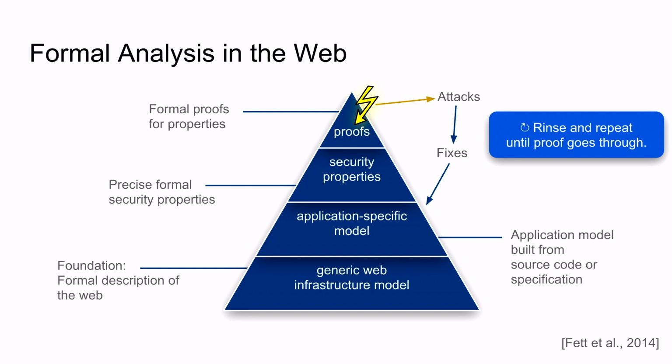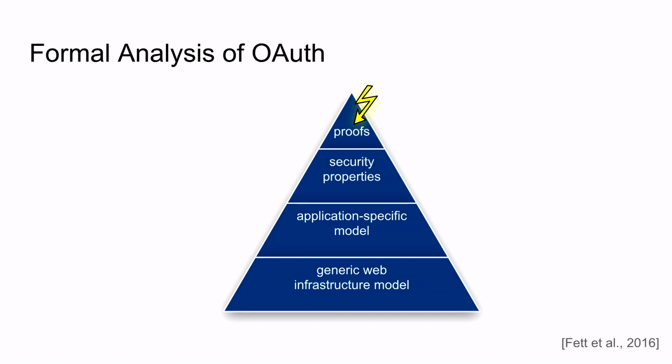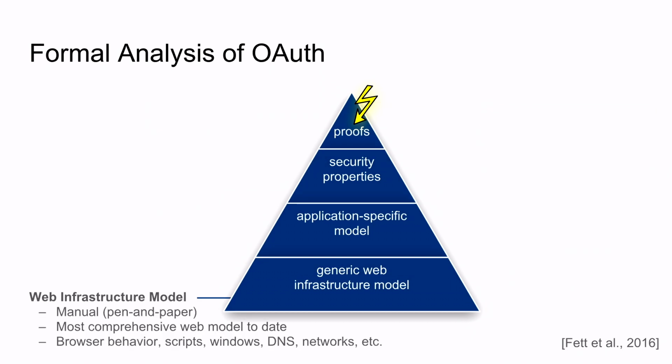And this is exactly what I did in my PhD thesis for OAuth, and also some other things, but we're talking about OAuth today. I created the so-called web infrastructure model, which is just a description of how the web infrastructure works. It's a manual pen and paper model, so it's not based on some model checker or any other tool, because I wanted to create a very comprehensive and precise model of how the web works.